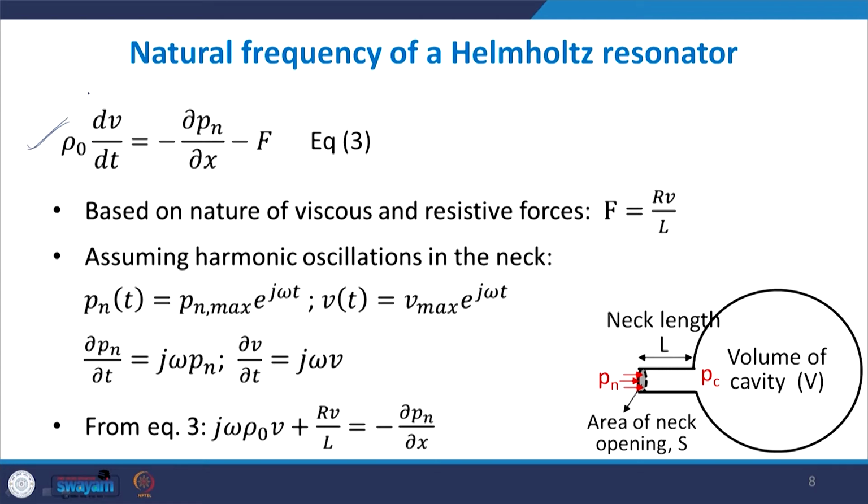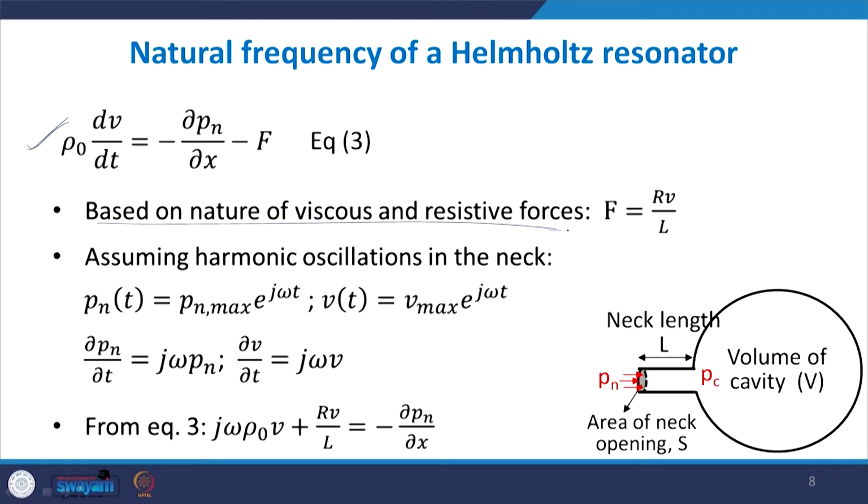Now, consider the viscous and resistive forces that act whenever a fluid medium flows through a solid. Just like we had the concept of friction, where two solid bodies moved against each other and friction was acting, viscosity acts when a fluid is flowing across the boundary of a solid surface.